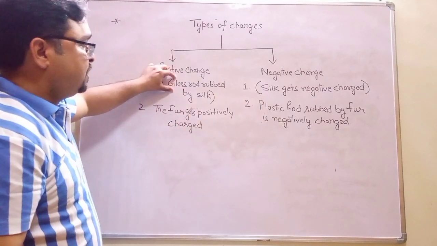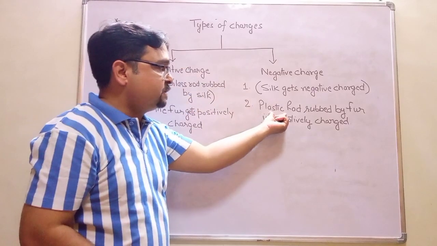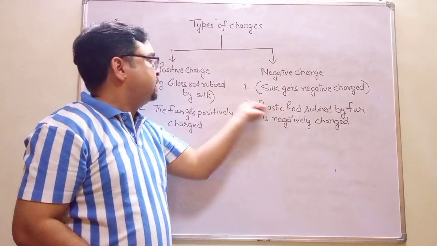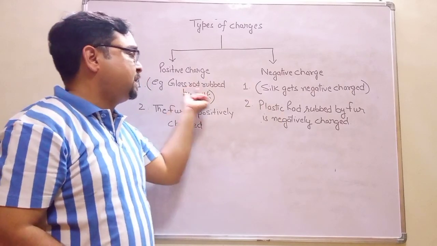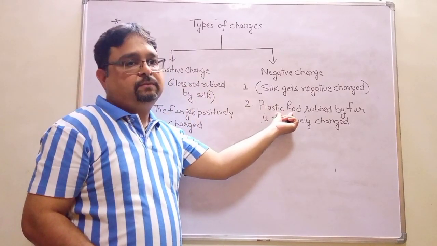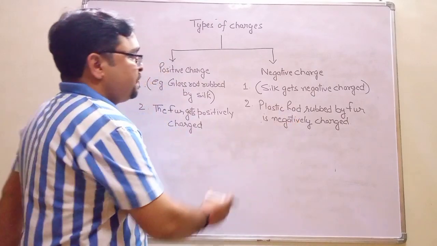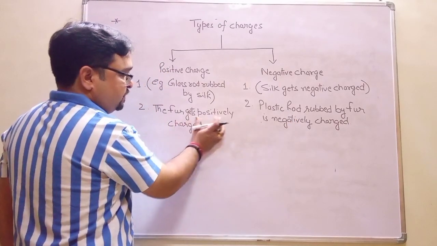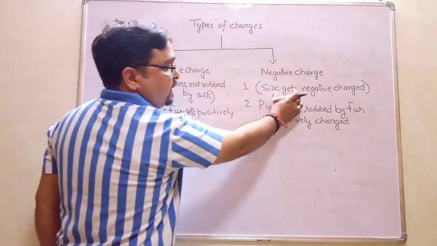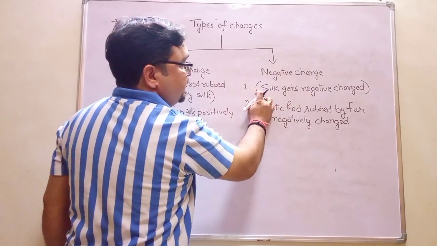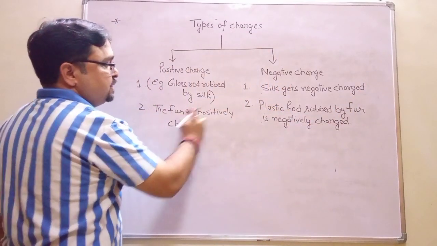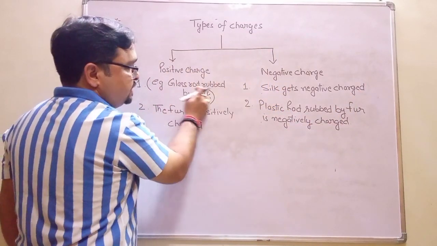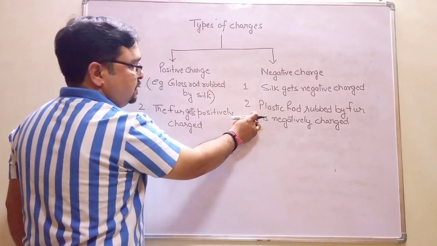So this glass rod, whether it will attract this plastic rod or not, yes, this glass rod will attract the plastic rod because glass rod is positively charged and plastic rod is negatively charged. Similarly, this fur which is positively charged will attract silk which is negatively charged. So these two will attract each other.